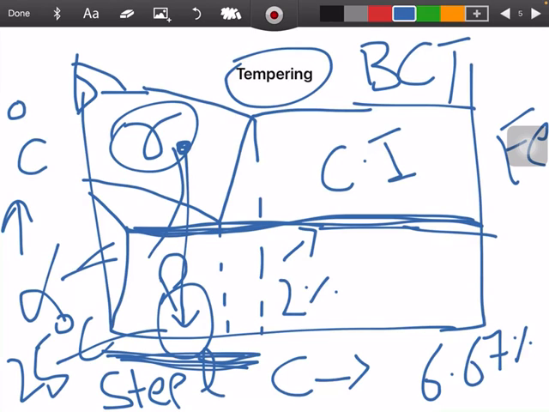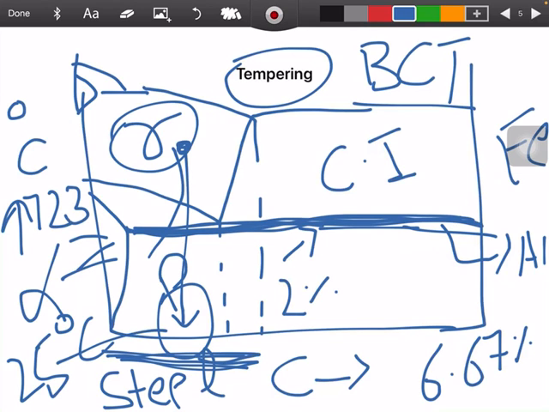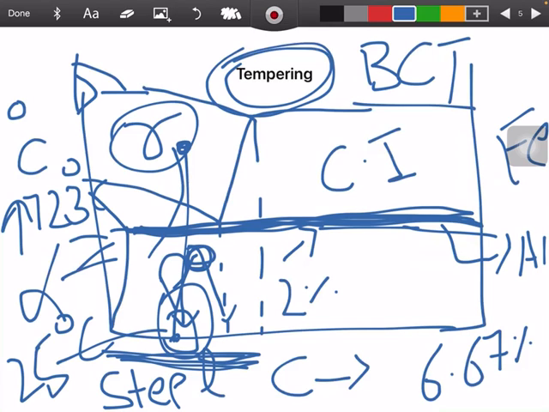This is the lower critical line, which is also called the A1 line, at about 723 degrees centigrade. We again heat the material below this line, and then we cool it. So what happens is the hardness of the material reduces, which is basically called tempering.